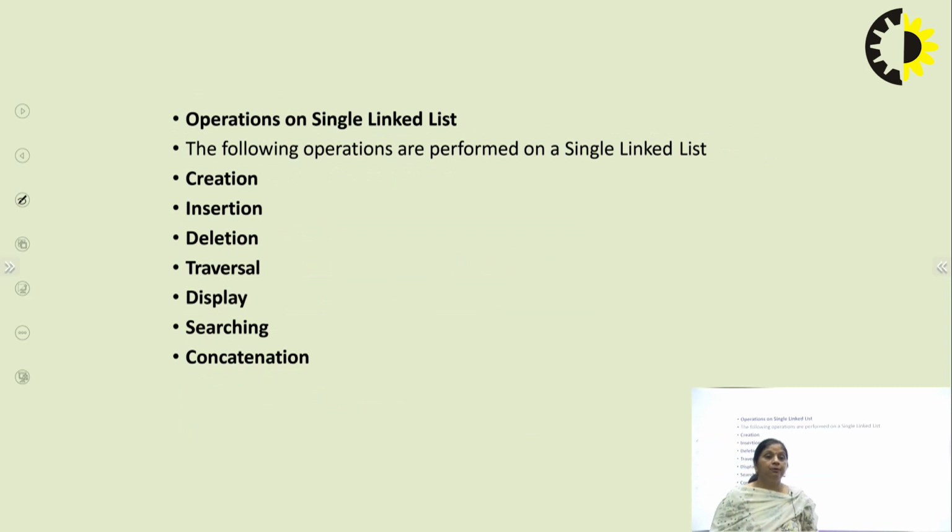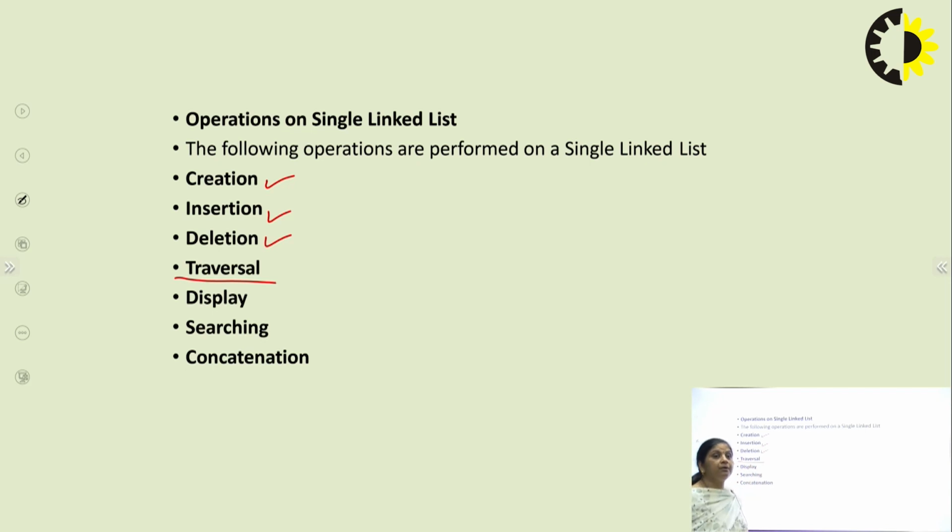Now we'll discuss what operations we can perform on this singly linked list. We can create a singly linked list when it does not exist, so the head node is null. If it exists and we are inserting something, meaning we want to expand and store one more value, or we want to delete something, or we want to go through all the nodes.